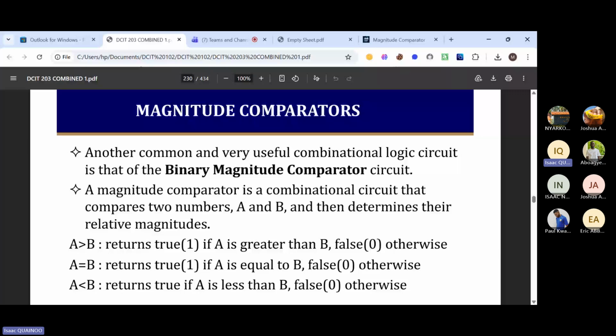The output does not depend on whatever is saved in memory elements. It does not use memory elements, so it only depends on its inputs to determine its output.